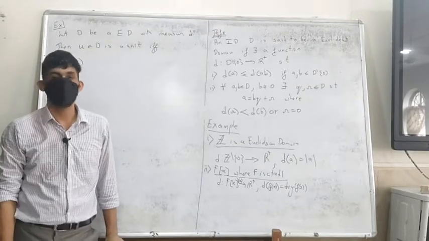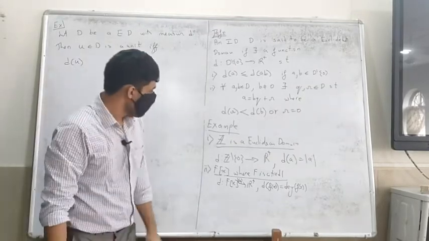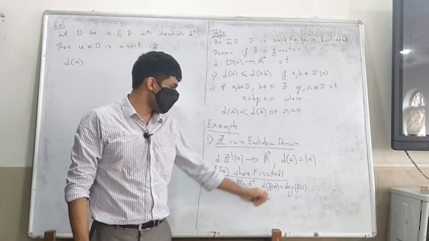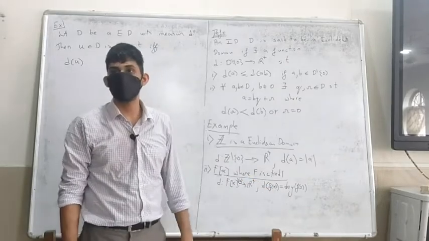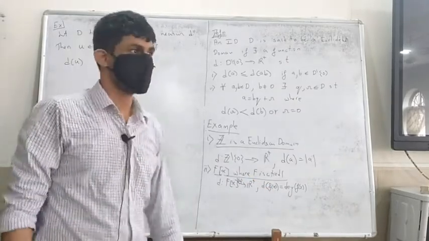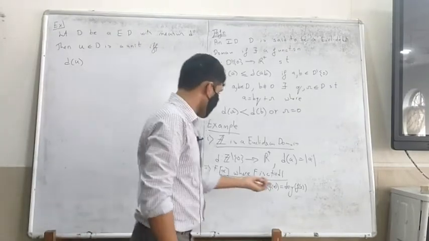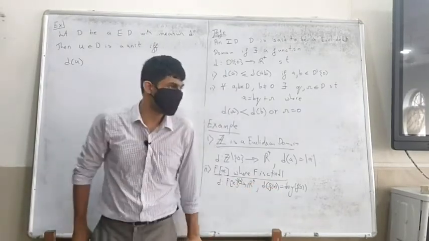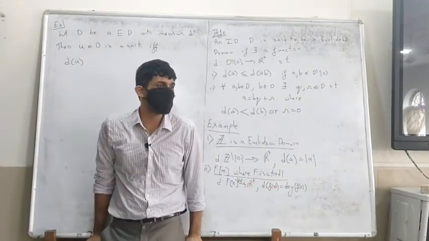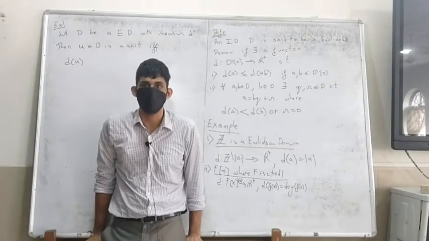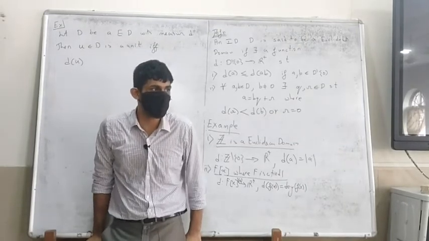Equal to 1? You think so? Notice what happens here. What happens to the degrees of units? Degree of units are 0, right? So that's not true. It can't be 1.